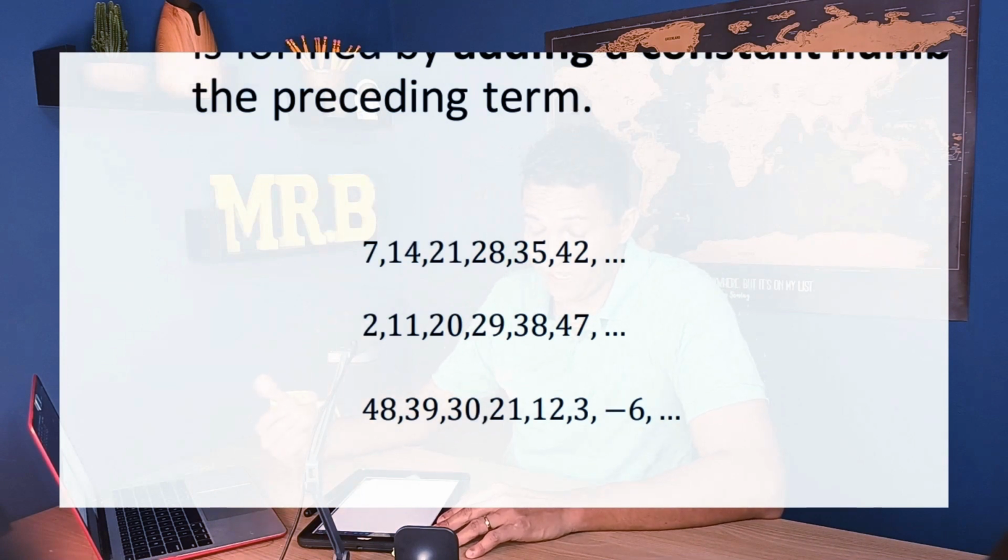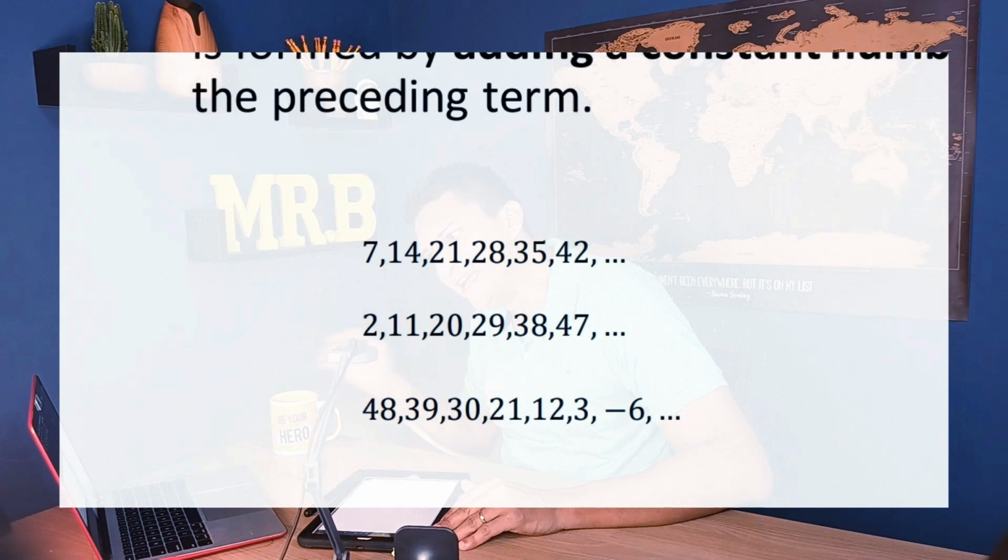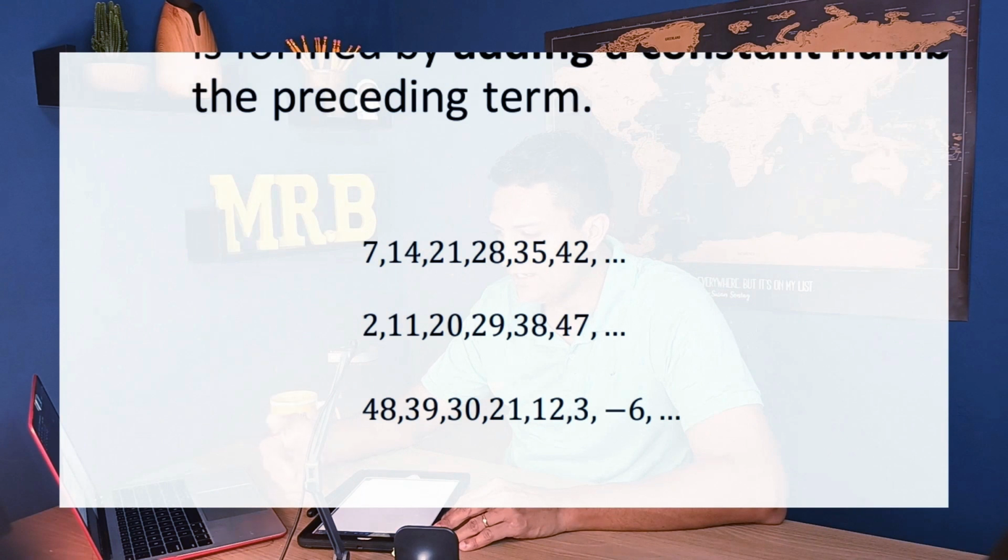In that first sequence, that common number is 7. Basically what we are doing is adding 7 to each term to get the next term. In the second one, 2, 11, 20, 29, it is obvious that the number we are adding is 9.